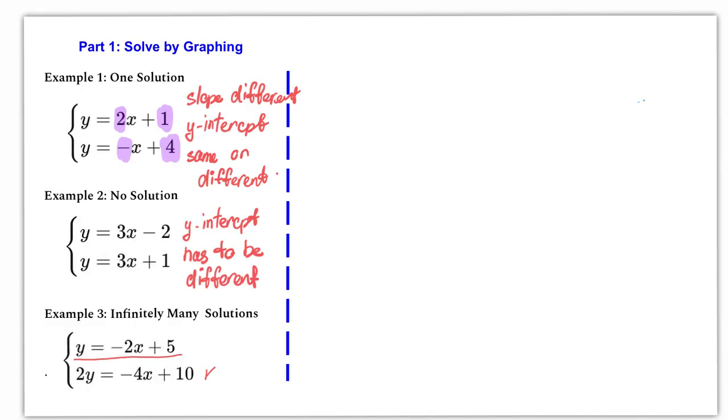We're going to start with our second equation, rewriting it. So 2y equals negative 4x plus 10. I do want to remind you again that we're looking for the y-intercept form, which will be y equals mx plus b. As you can see, the y is not on its own, it's 1 times y.